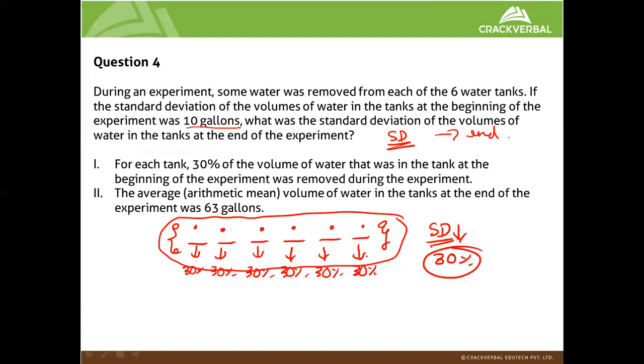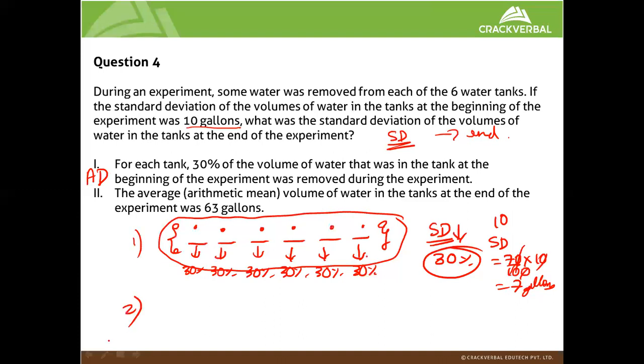So if we have the standard deviation as 10 gallons in the first case, then if I remove 30% of volume from each of the tank, the standard deviation in the second case is going to be 70% of 10, which is 7 gallons. All right. So the first statement is clearly sufficient, and the two possible answer choices are AD.